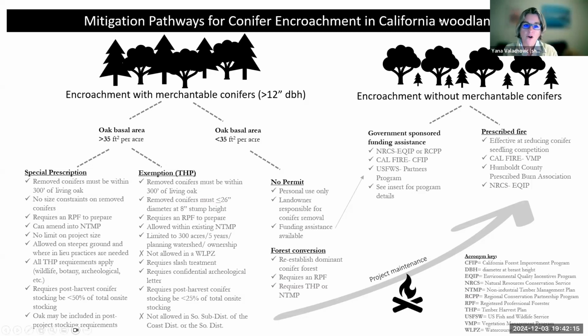If your conifers are not merchantable, then there are a variety of cost share and assistance programs available, especially through federal funding partners like the Natural Resources Conservation Service or the U.S. Fish and Wildlife Service through their Partners program. There are also some options through CAL FIRE and the CFIP program.